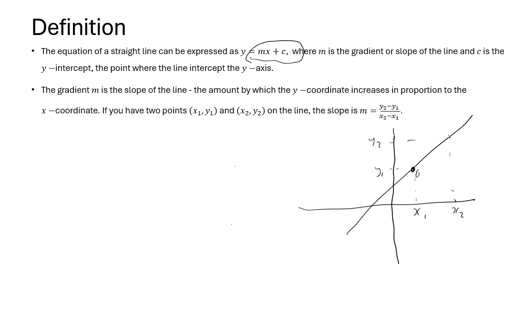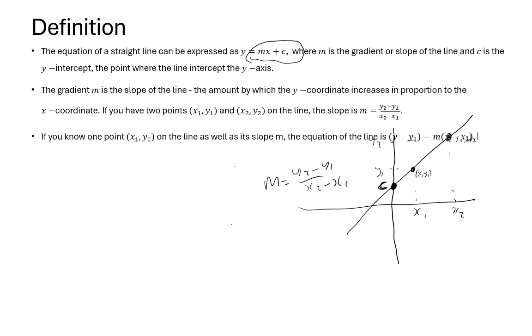This point is x1, y1, and this point is x2, y2. So then your slope m is just y2 minus y1 over x2 minus x1. And the y-intercept is at this point. So suppose this point will be c, where the line intercepts the y-axis.